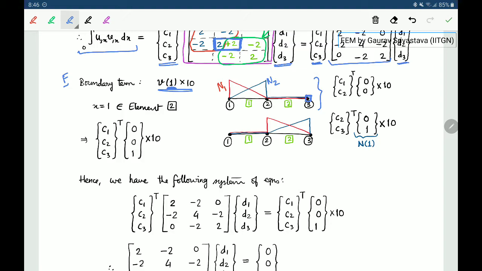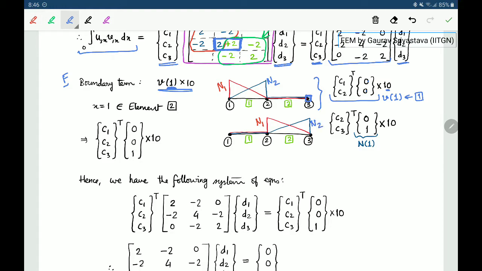Both the functions have 0 value and they are being multiplied by 10. For the second element, this is the n1 of the second element and this is the n2 of the second element.